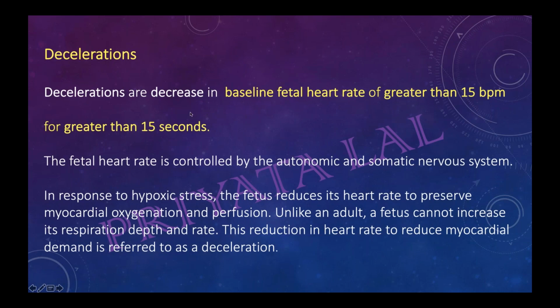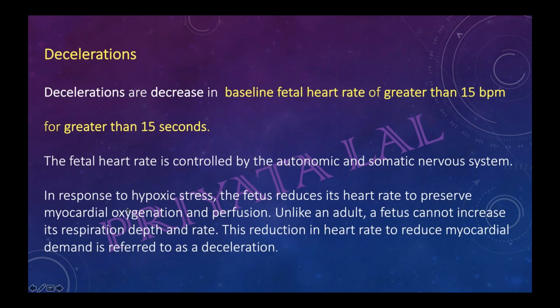This definition is important because part 2 people ask questions from this line. If there is a decrease from the baseline fetal heart rate greater than 15 beats per minute, and it stays for greater than 15 seconds, then we call it a significant deceleration.